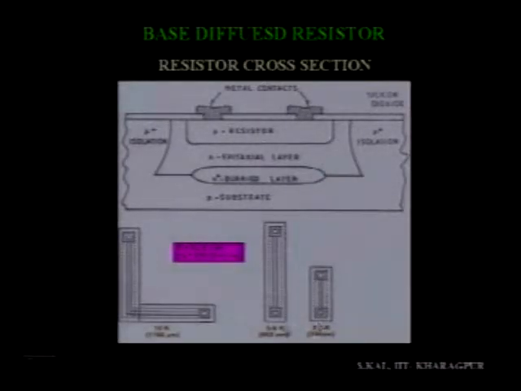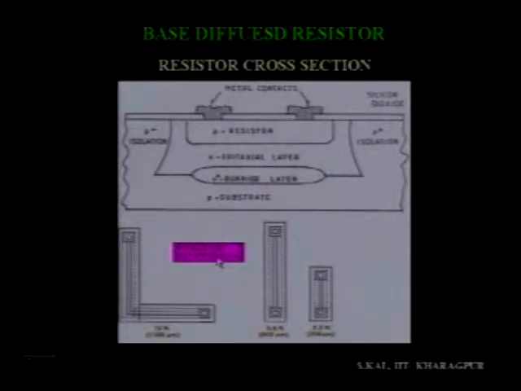Similarly for 5.6K, the total length is 653 micron, and for 10K, the total length will be 1166 micron if you use the RS value of 240 ohm per square.